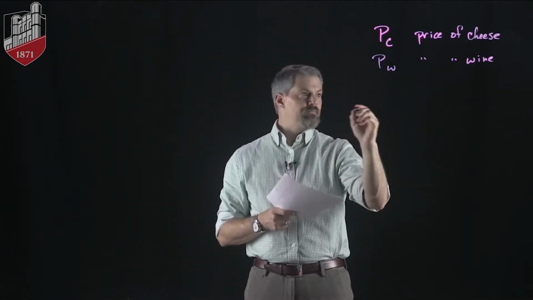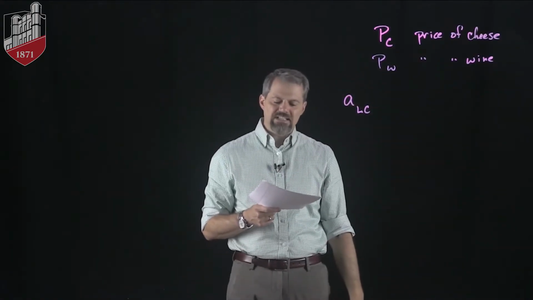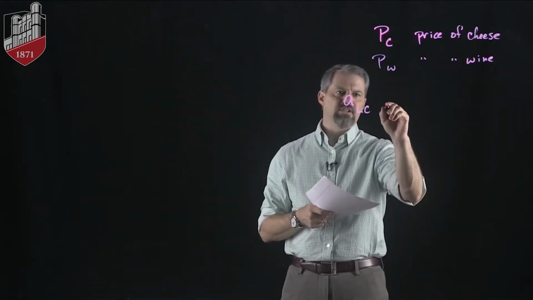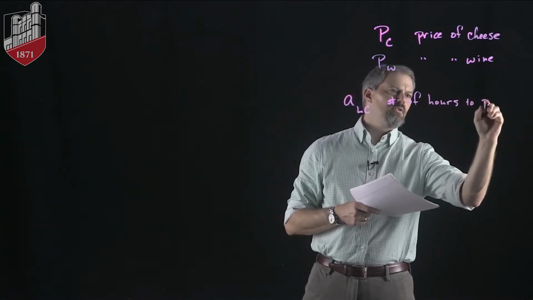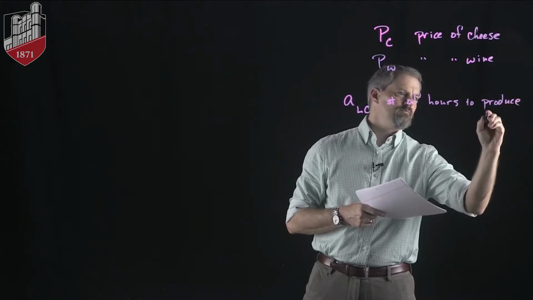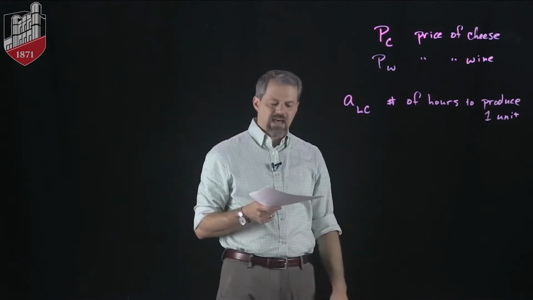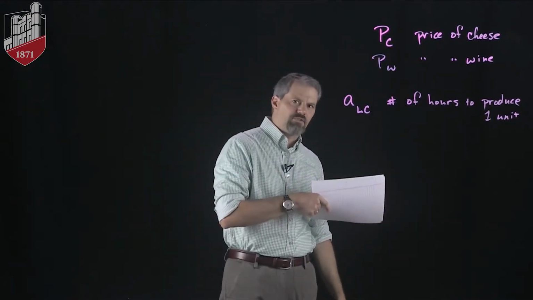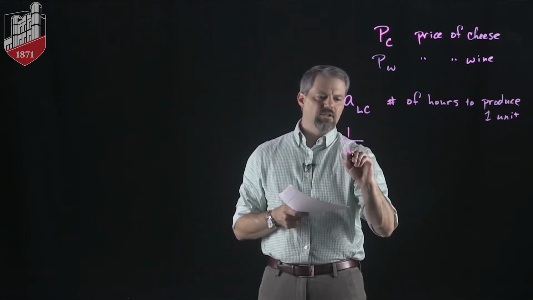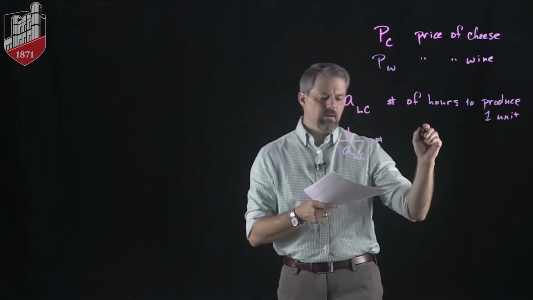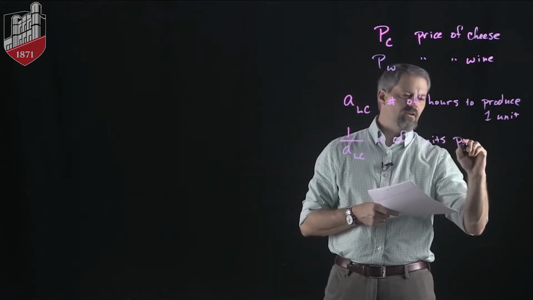Remember that our unit labor requirement for cheese represents the number of hours needed to produce a pound of cheese, or a unit of cheese. So if we take the inverse of that, that's going to be the number of pounds that can be produced in an hour, or the number of units that can be produced in an hour. 1 over that unit labor requirement is the number of units produced in an hour.